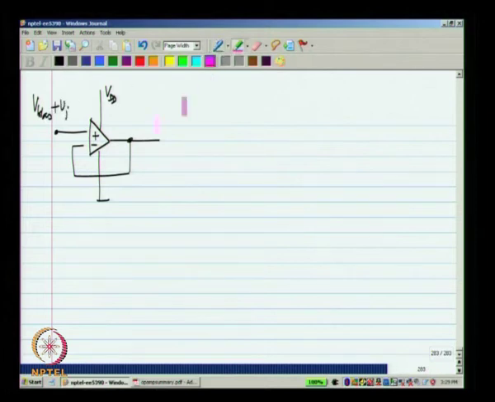I have taken a voltage follower as an example, but it can be any circuit. And the load must also be connected to Vbias. So, if Vi is 0, the input is at Vbias, and the output is at Vbias due to feedback. So, no current will flow through RL.